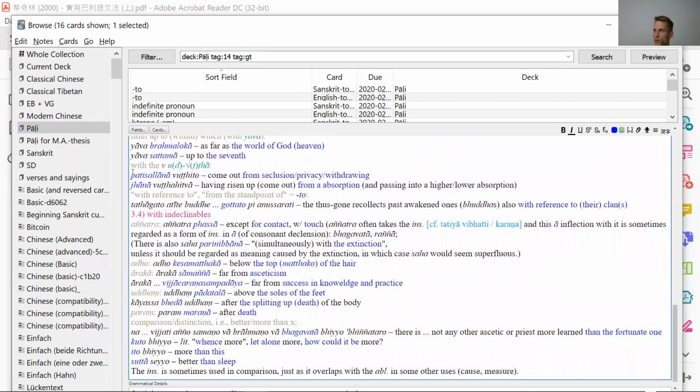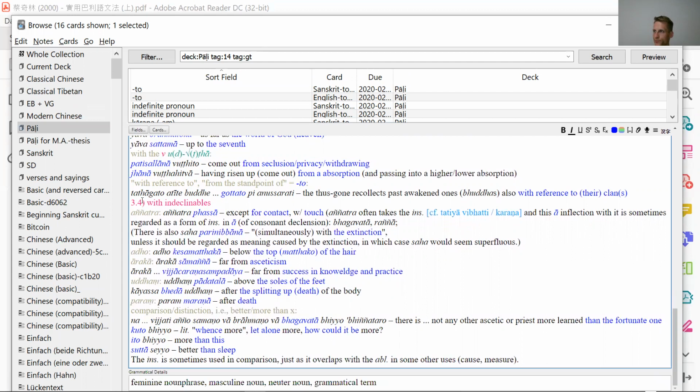With the verb utta, with tittati, patisalana vuttito, come out, vuttito, from seclusion or withdrawing or privacy. Patisalana, jhana vuttahitva, having risen up, come out of, vuttahitva, from absorption, jhana.